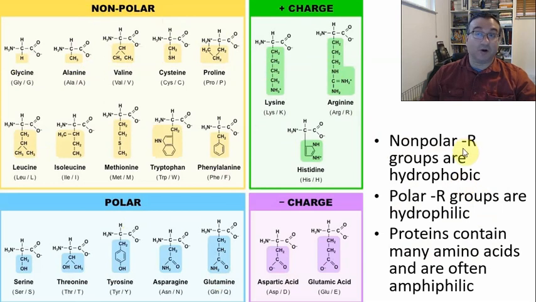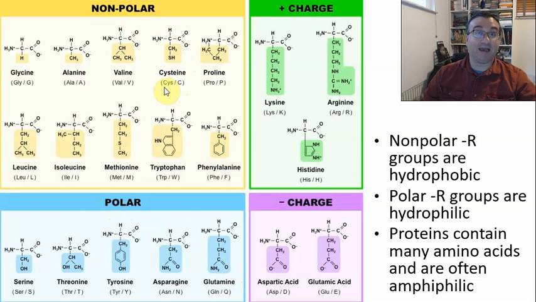The non-polar R groups would make things hydrophobic, and so they would cluster together avoiding water. And the polar groups are hydrophilic, meaning they're attracted to water. So each protein has many, many different amino acids, and it could have some parts that are attracted to water, being polar, and some parts that are not attracted to water, being non-polar.